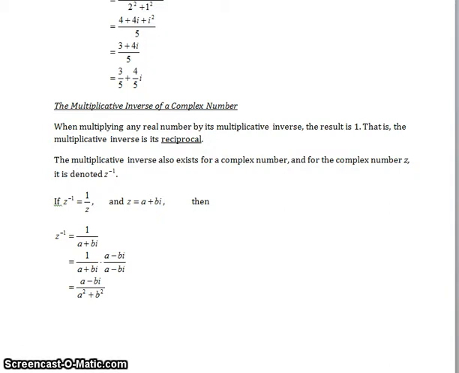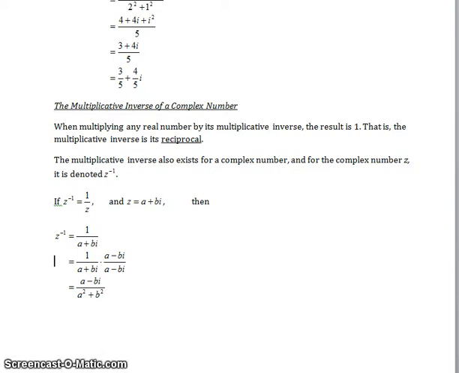Also 3/4, its multiplicative inverse is going to be 4/3, because when we multiply those together, the 3's cancel and the 4's cancel, and we're left with 1. The multiplicative inverse of a real number is its reciprocal.